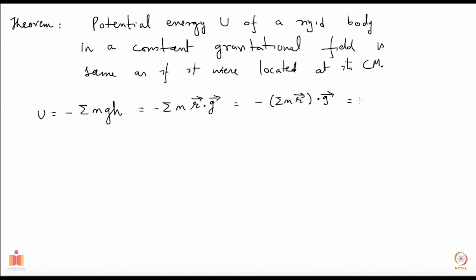This gives you the location of the center of mass times the total mass, M is the total mass, r dot g. R is the radius vector of the center of mass, and if you wish you can write it as minus M g h, where h is the height of the center of mass.